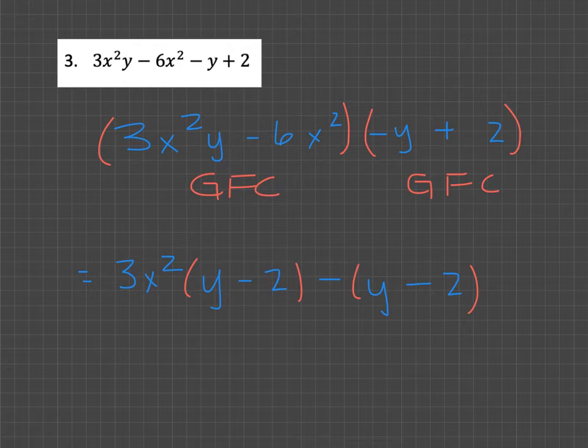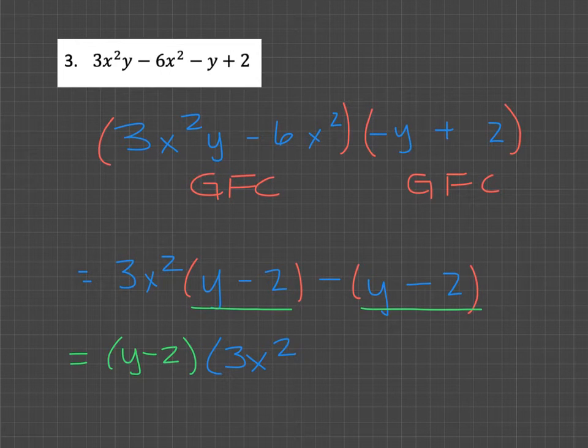where in parentheses for both groups we have the same factor. We bring that factor out in front. So here's that y minus 2, and now we write down what we have left. From the first group we have left the 3x squared. From the second group, it kind of looks like there's nothing there.